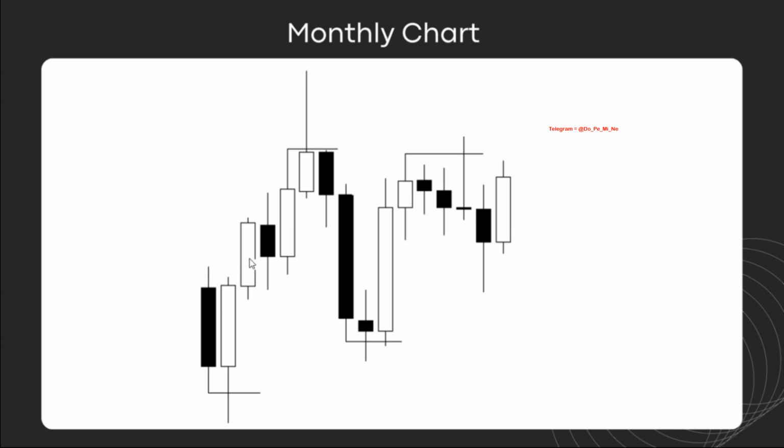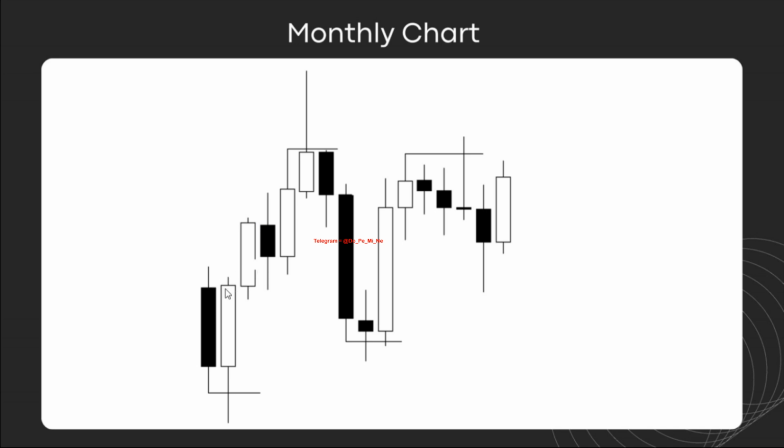Now we know that when price closes above a candle's range, that particular candle is then used by price as a key level to be tested and for price to react off of, right? That's a basic idea of a key level. Now keeping that in mind, when the next monthly candle opens here, what you would be expecting is for price to first of all retrace to the open or the high of this candle right here.